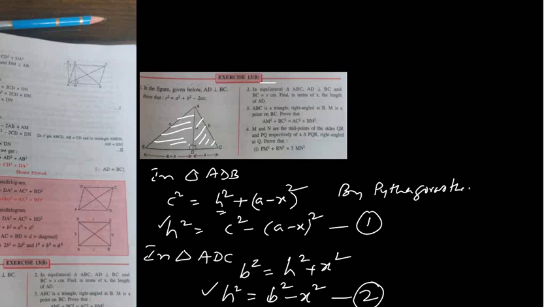AD is perpendicular from point A down to base BC. Correct. The only thing you may have to use is BC is x centimeter. Then how much do you think BD will be?